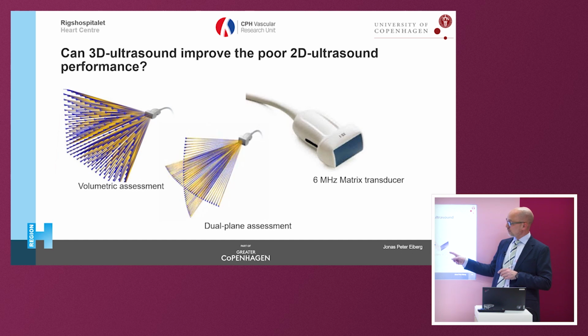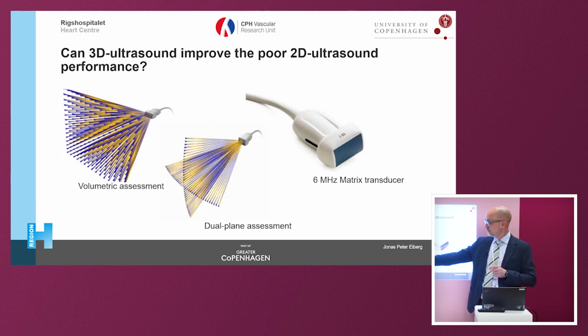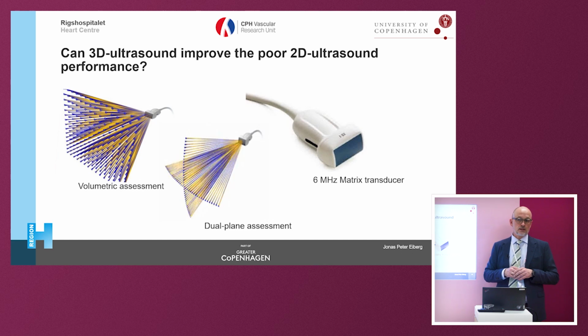The matrix transducer can do 2 things, probably more, but I use it for 2 things. You can make an image like this, real-time cross-sectional and longitudinal imaging, and you can have this volume sampling where you get an electronic sweep of the aneurysm.